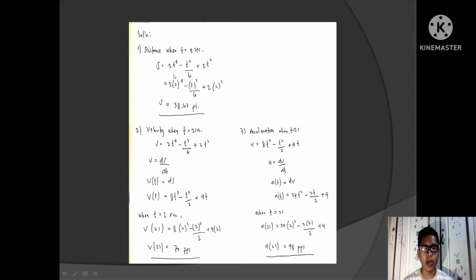So we have this equation in our problem, where s is equal to 2t^4 minus t^3 over 6 plus 2t^2. Just simply substitute the t value, which is 2 seconds, in this equation.